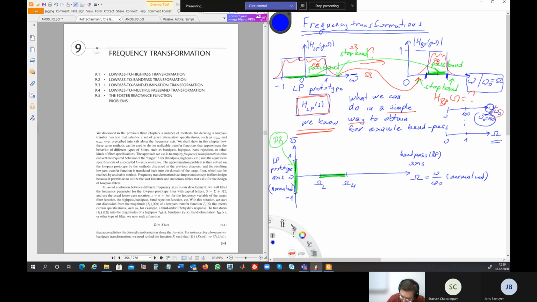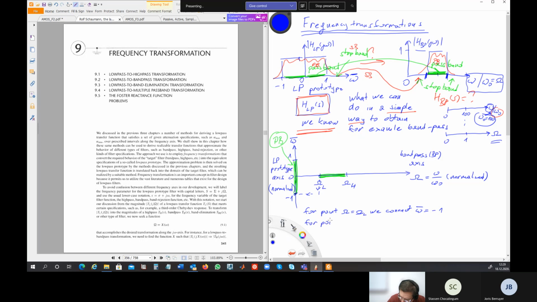So what we need is the following connection. We need that this point here maps to this point here. So for point omega equal to omega L, we connect omega bar equal to -1.